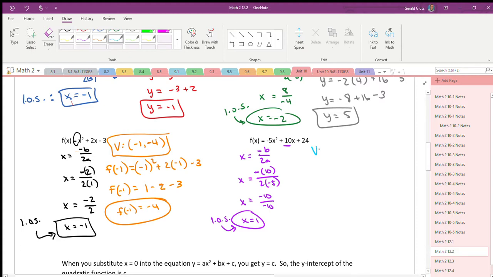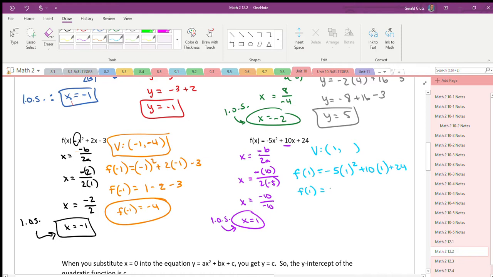And then to find the vertex, I already know that x is 1, so I got to find y by, again, if I have an x value and an equation, I can put that x value into the equation. So f of 1 is equal to negative 5 times 1 squared plus 10 times 1 plus 24.